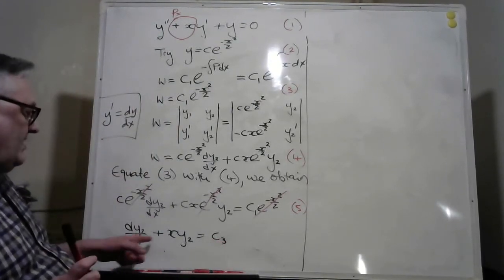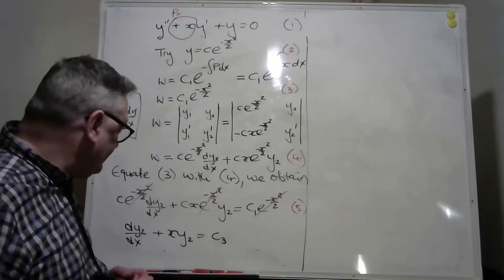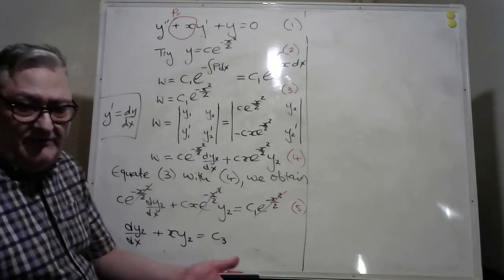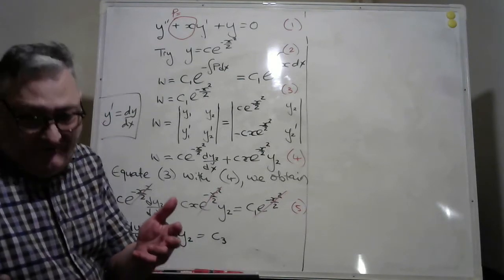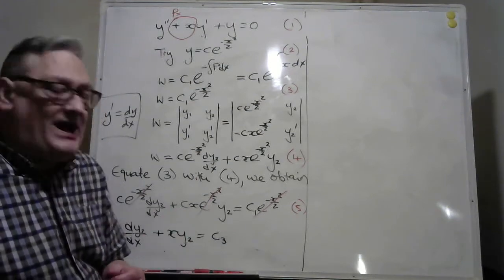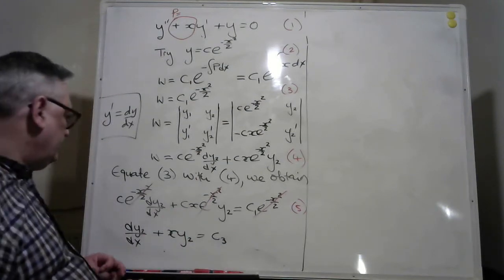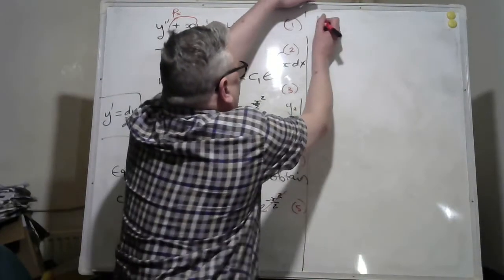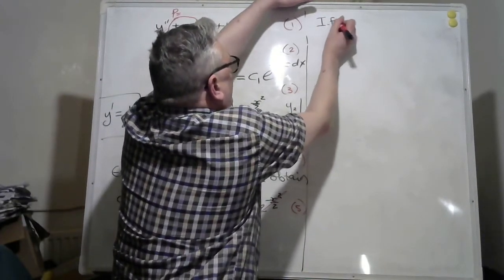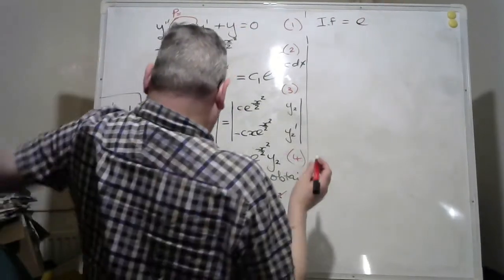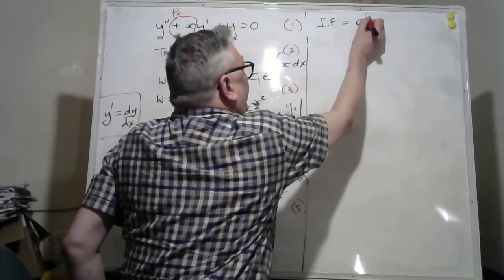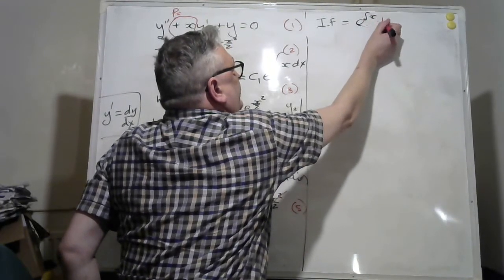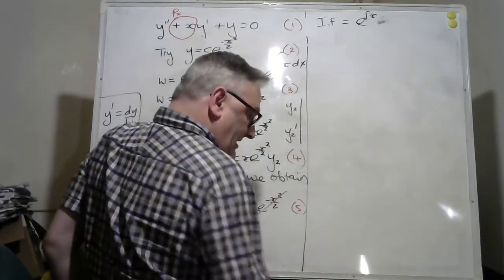So we've got a nice first order ordinary differential equation here, and we can solve this via the usual method of finding an integrating factor. An integrating factor is e to the power of the integral of x dx, oops, excuse me, making a little mistake there.